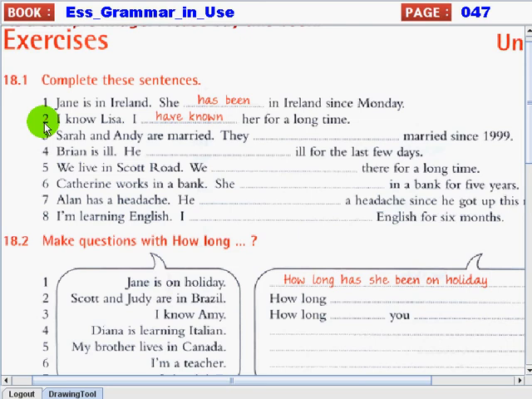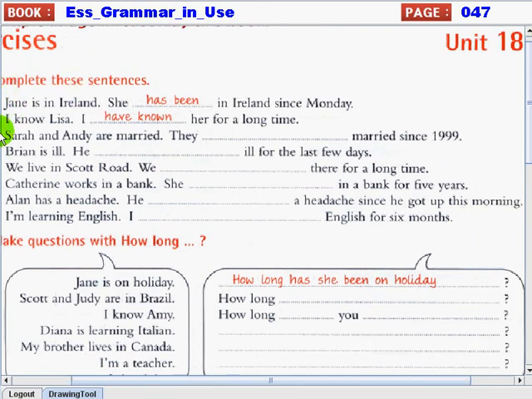I have known her for a long time. This is basically about forming present perfect sentences. Okay? You have to stop this video for like 10 minutes before you play it again so that you can answer and challenge yourself about how to answer the following sentences. Then play it so you can check.